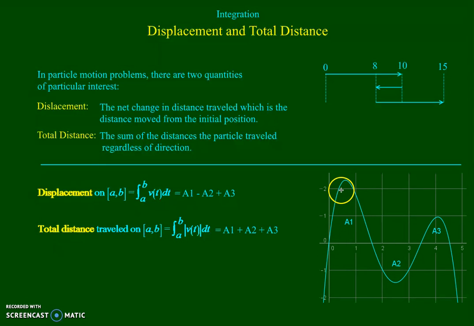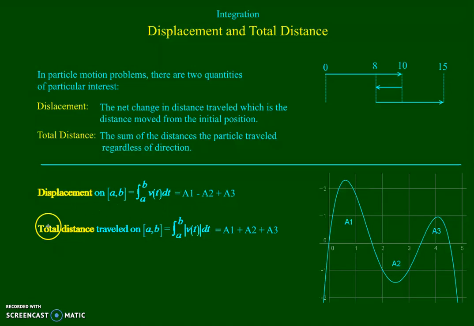To find the displacement, we would add the area of this portion of the curve from here to here, from these two 0 points, to this area, and then we would subtract this area, because this area, of course, is a negative, so plus, minus, plus. So the area 1 minus area 2 plus area 3. And that would give us the net change of whatever that quantity is.